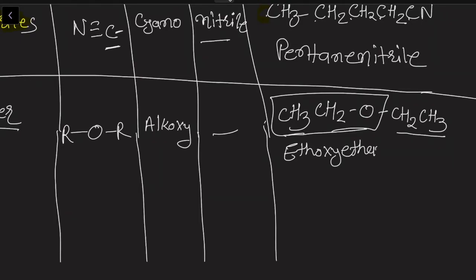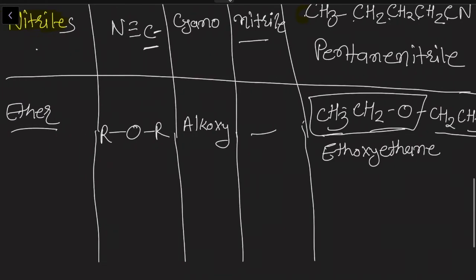Ethoxyethane, and ethane is because there is no double bond between carbons, it's all single bonds, so we're going to consider that as an alkane chain, and that's why it is ethane.